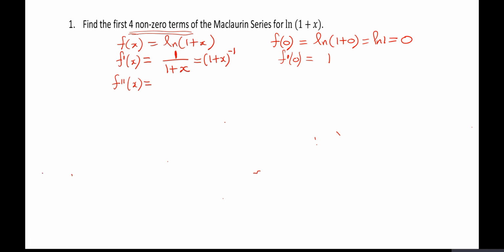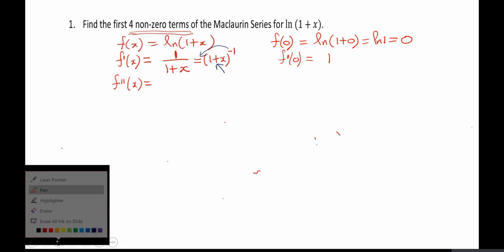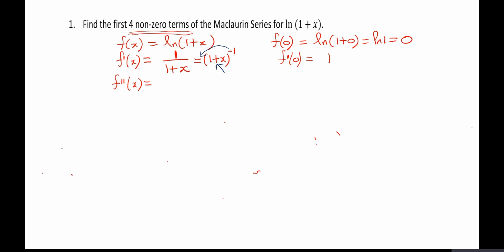Now, in this case, I just want to use possibly another color. Let's use black. I'm going to use the chain rule. First, I'm going to do minus 1, and then 1 plus x. So multiplying through and using the chain rule, minus 1 times 1 gives me minus 1, 1 plus x, and remember the rule, subtract 1 in the index, so that becomes minus 2, and the derivative of 1 plus x is simply 1.